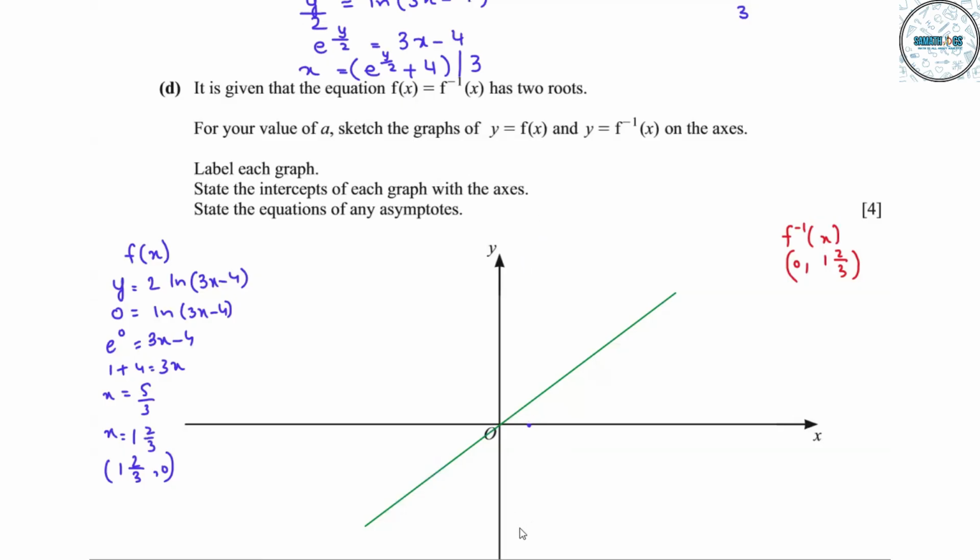The graph of f of x would be like this. The graph of f inverse of x would be like this.